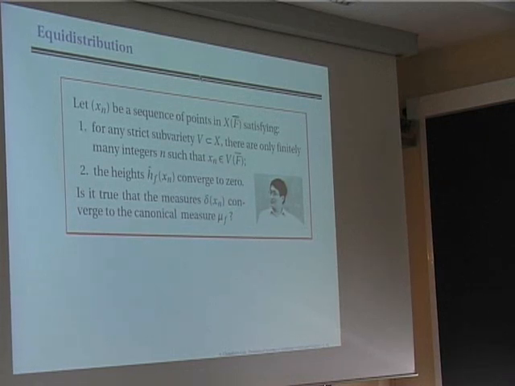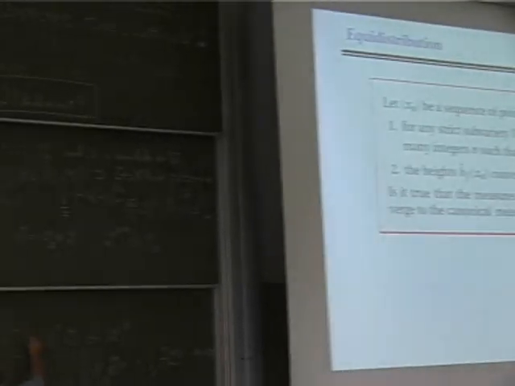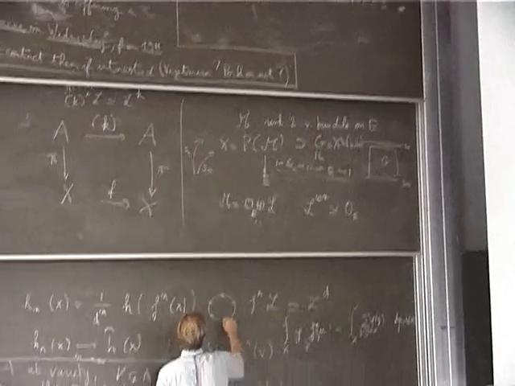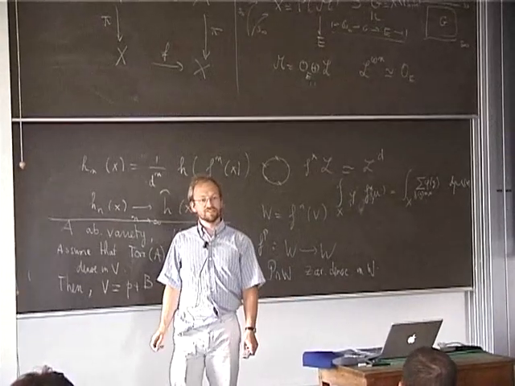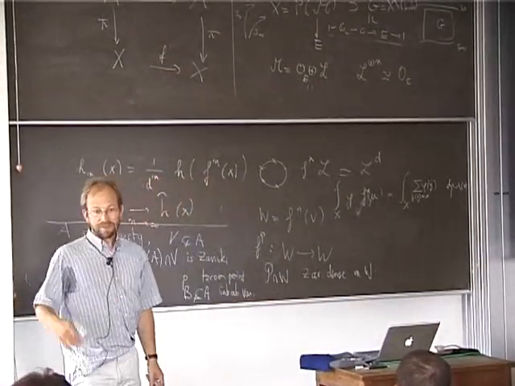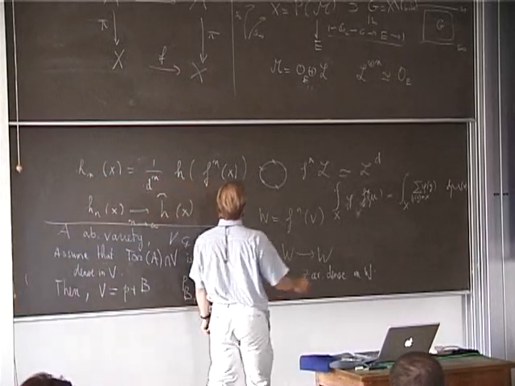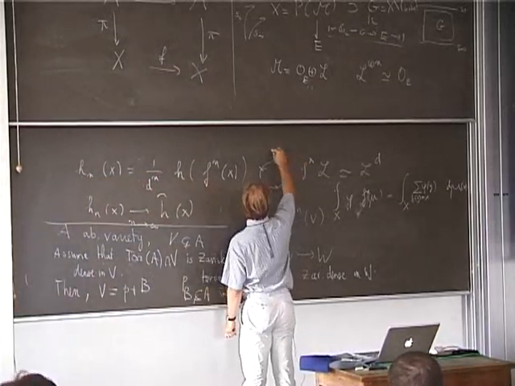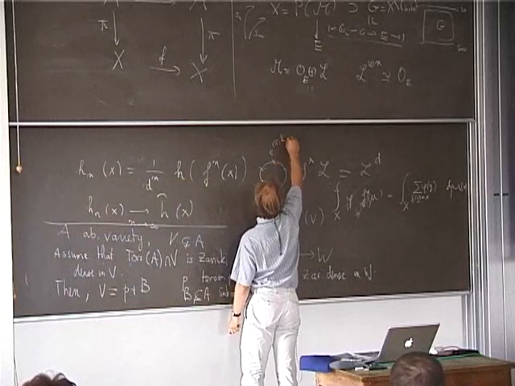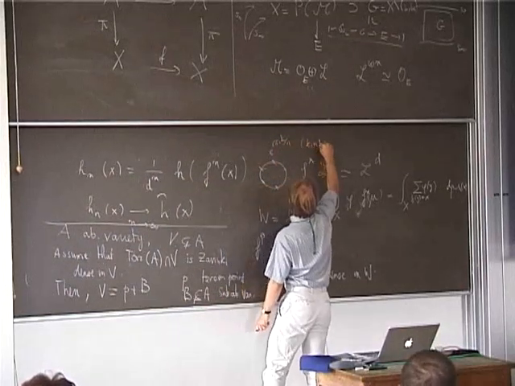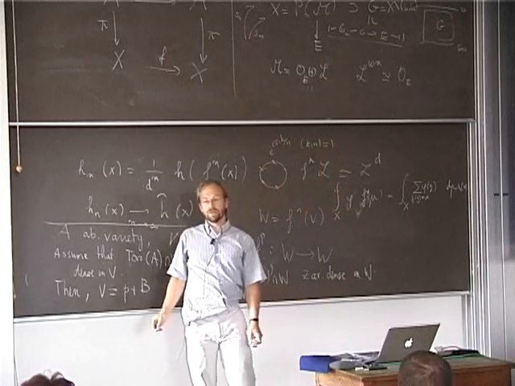So let's look at the example of the Riemann sphere and the map x goes to x squared. Then you can look at the nth roots of unity. What you know is that the nth cyclotomic polynomial is irreducible, so the conjugates of some nth root of unity over Q are just all exponential 2 pi i k over n for k and n coprime.